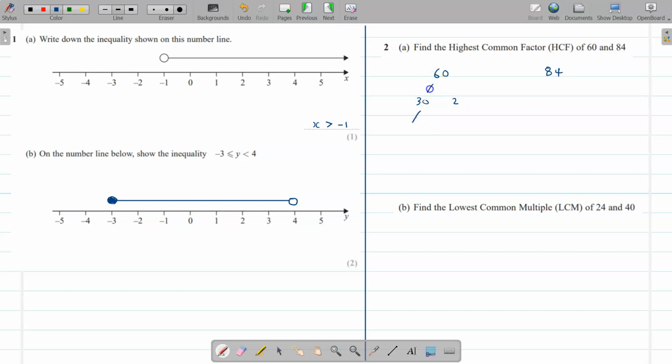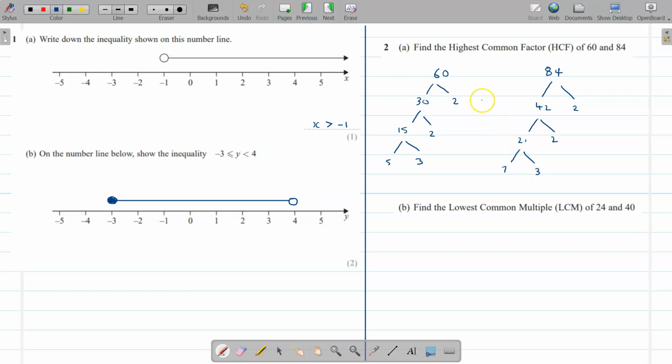The 30 splits to 15 and 2, and the 15 goes to 5 and 3. Okay, do the same for the 84. We have 42 and 2. We also have 21 and 2, and then we have 7 and 3.